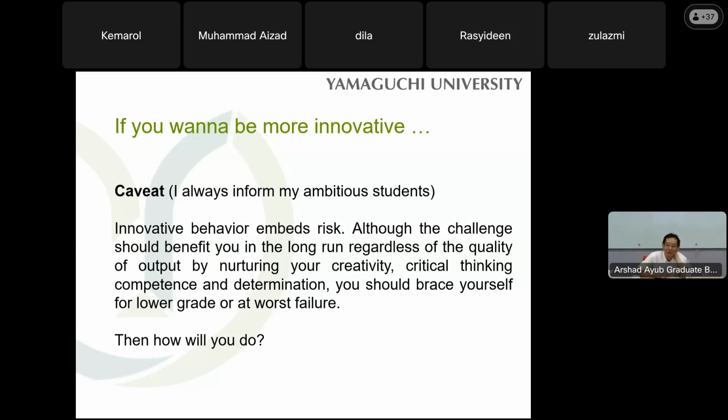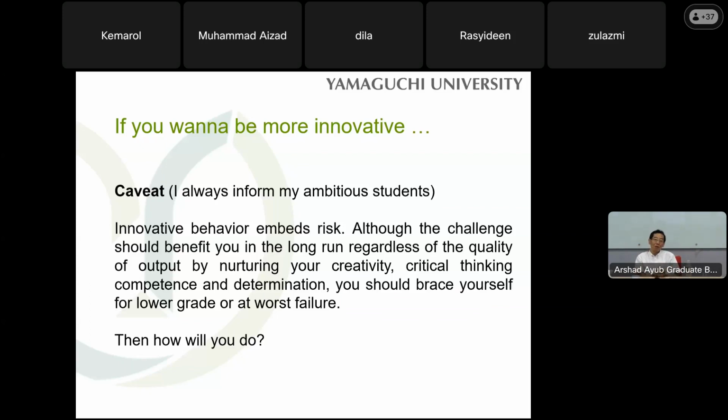I am always telling my students who pursue being innovative that innovative behavior embeds risk. Although the challenge should benefit you in the long run, because your thesis project will open your eyes and broaden your perspective.